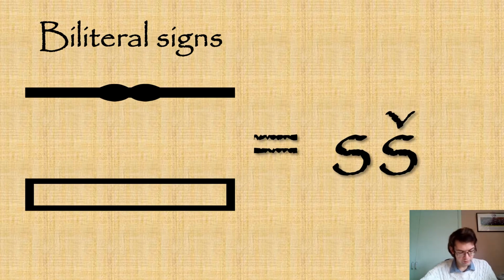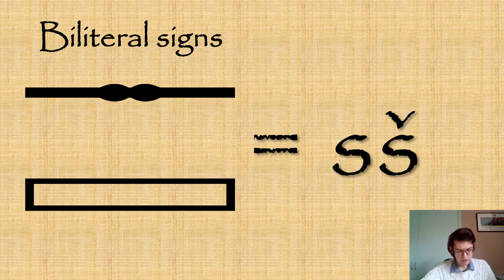Let's move on now from the alphabetic signs to biliteral signs. As the name suggests, these are signs which convey 2 sounds, 2 consonants at once. Of course, the question that immediately comes to mind is, why do we need them? After all, you can use the alphabet to write any combination of sounds.